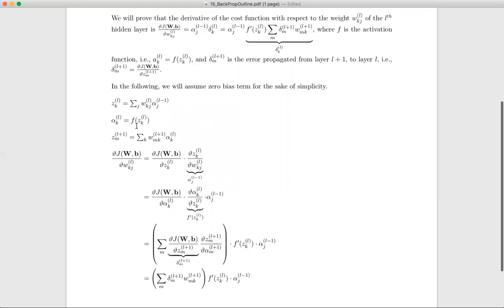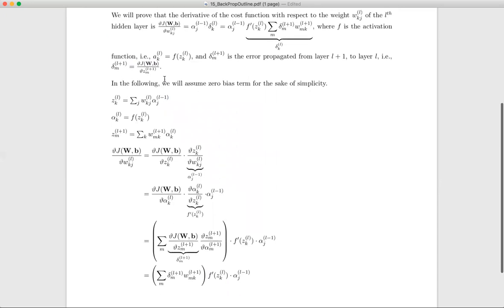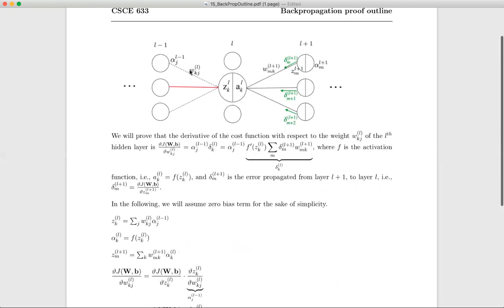So we managed to show what we wanted to show in the beginning, which means that the first order derivative of the cost with respect to some weight w_kj is equal to the output of the L-1 layer at node j multiplied by the error that is being propagated from layer L at node k.